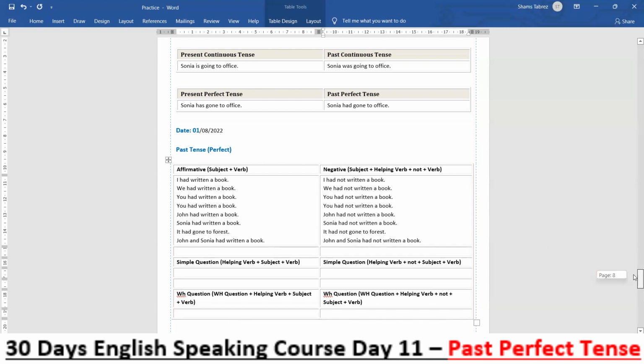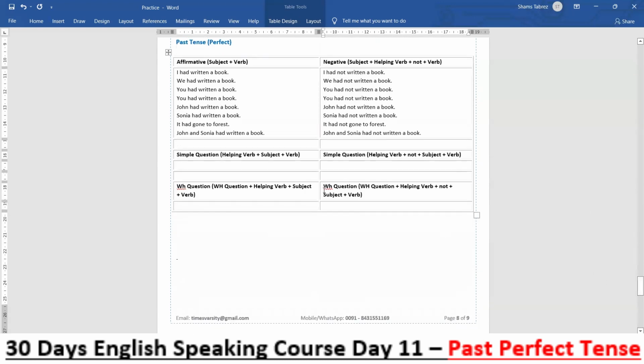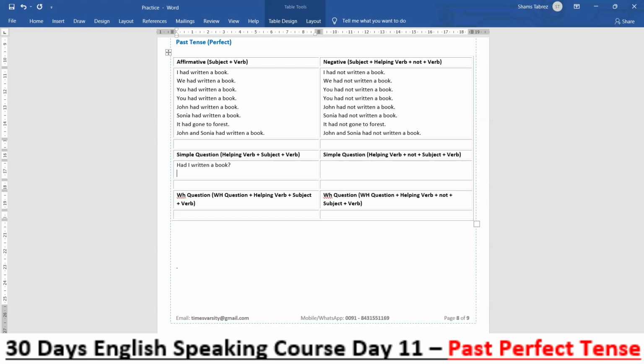For a simple question, what do we need to do? Whatever helping verb we have in the affirmative, we bring that helping verb first and the rest of the sentence remains the same. So it becomes a simple question. Had I written a book?